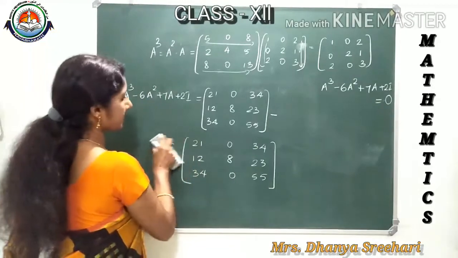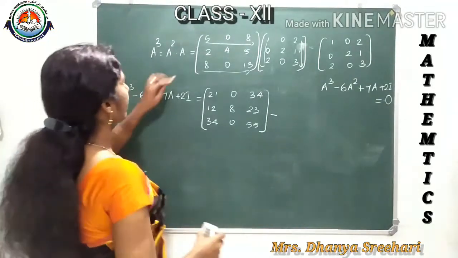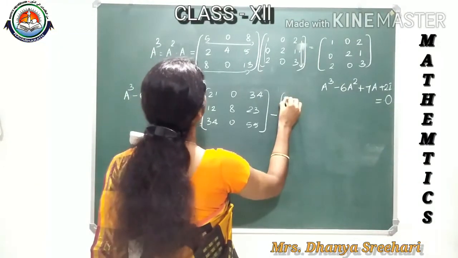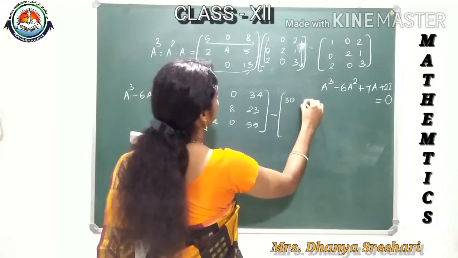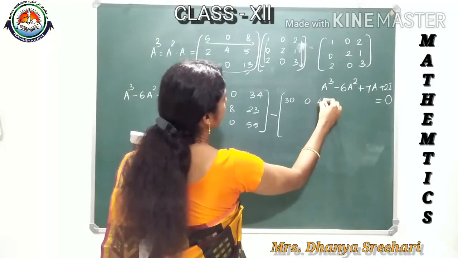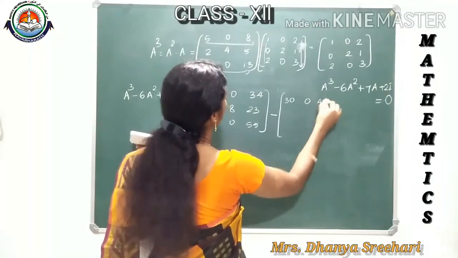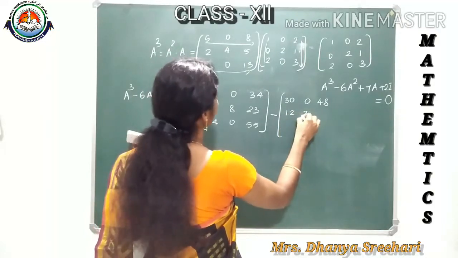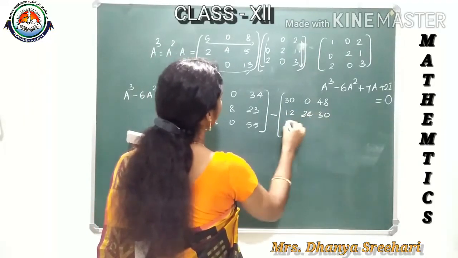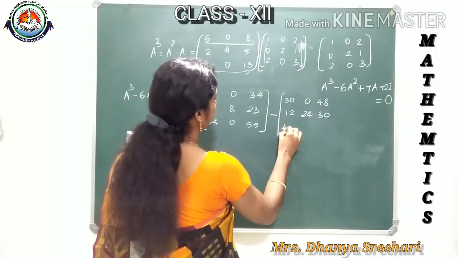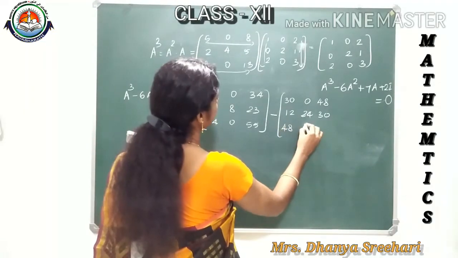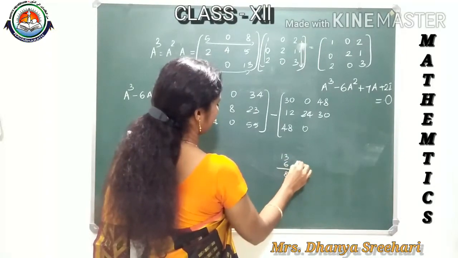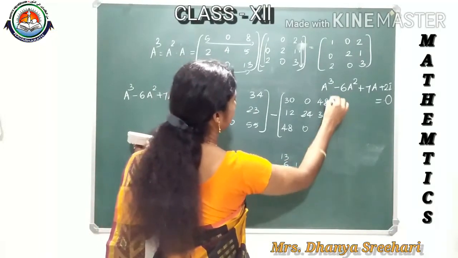Minus 6a square. 6a square means 6 into this matrix. That means 6 5s are 30, 0, 6 8s are 48, 2 6 12, 4 6 are 24, 5 6 are 30, 8 6 are 48, 0, 13 into 6, 78.